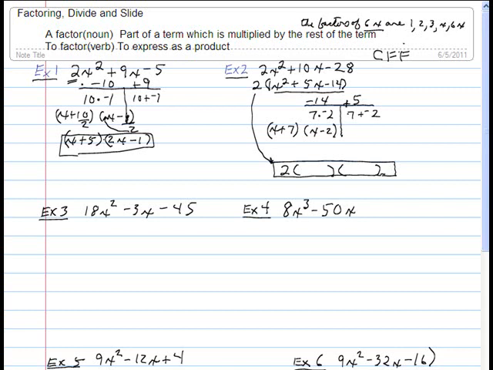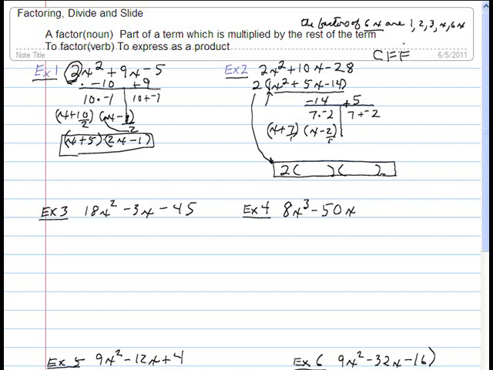Now I begin divide and slide. But this time, remember, when you divide by this first coefficient, my first coefficient here is now a 1. So if I divide a 7 by a 1 and a 2 by a 1, they both go evenly. I just get x plus 7 and x minus 2, so there's not going to be a slide.